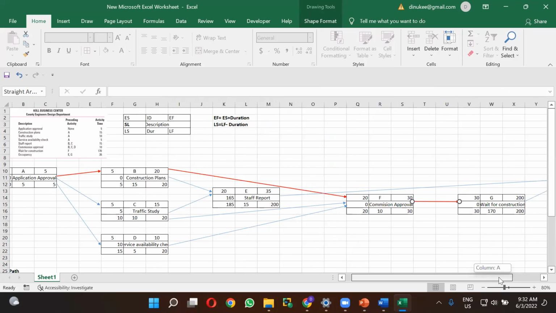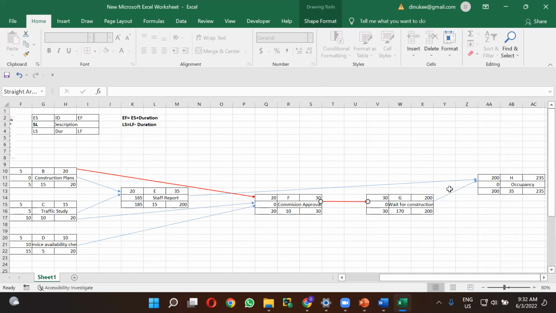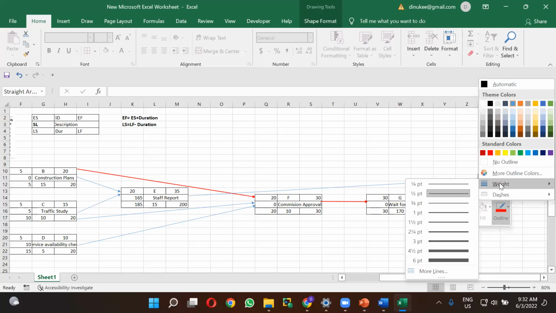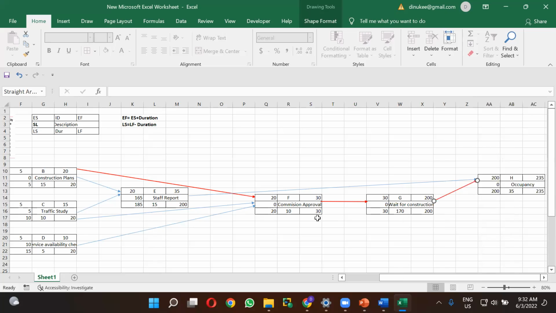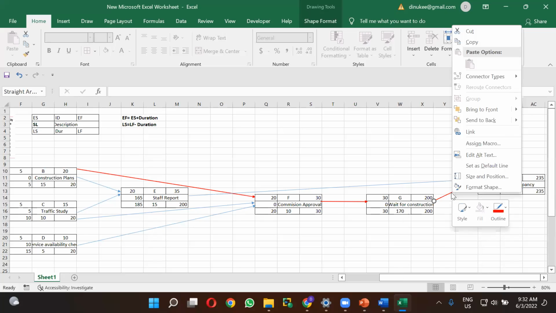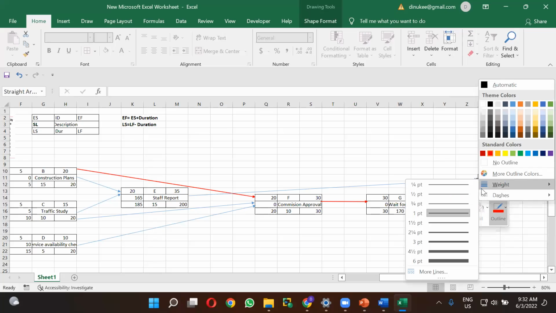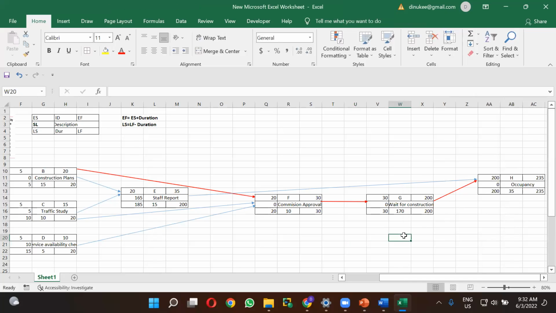A, B, F, G, H. That is the critical path. So you can show it using another color. Therefore, we can see clearly. So this is the critical path.